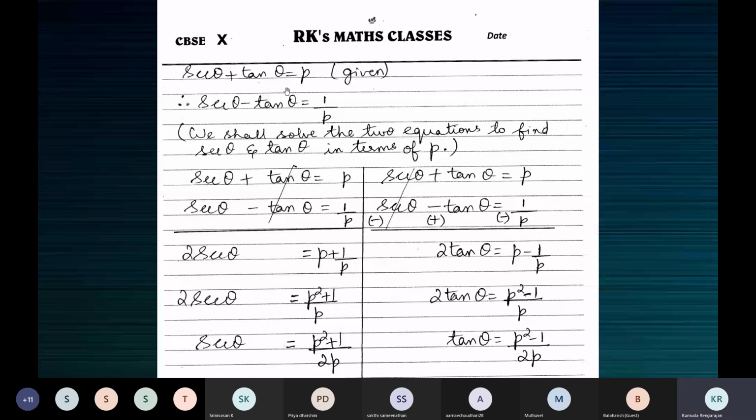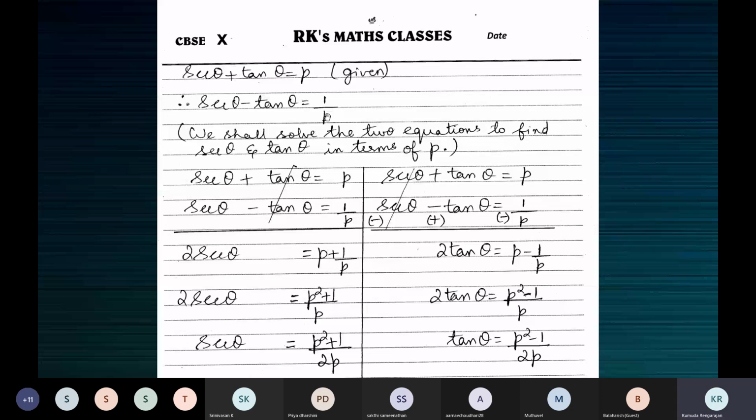So we are given that secant theta plus tan theta is P. And using this, we can find out that secant theta minus tan theta is 1 by P. So we're going to treat them as two equations in variables x and y, like secant theta and tan theta.